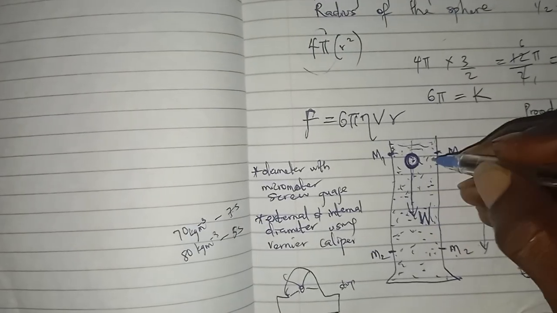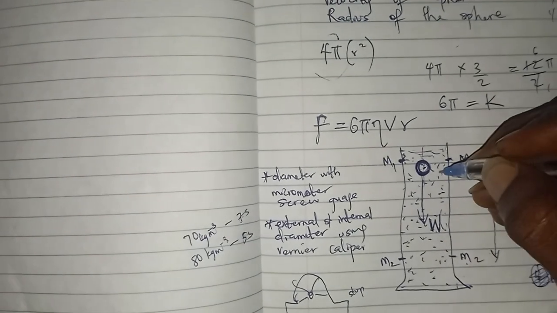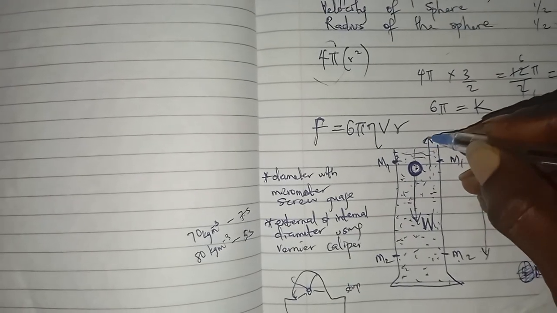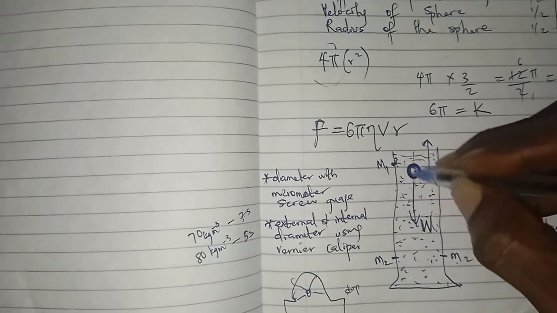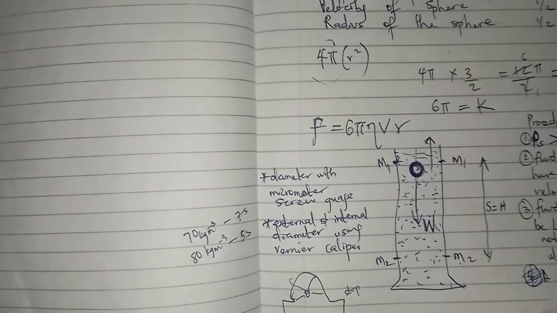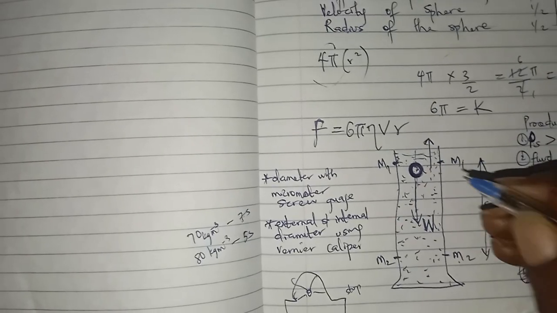But as it's entering, according to Archimedes' principle, the fluid itself will tend to displace an amount of water that is equal to the mass of this particular sphere. And anything water talks about volume as well.